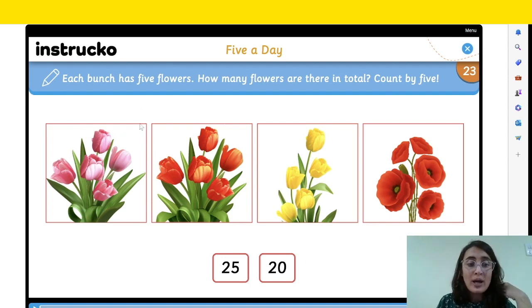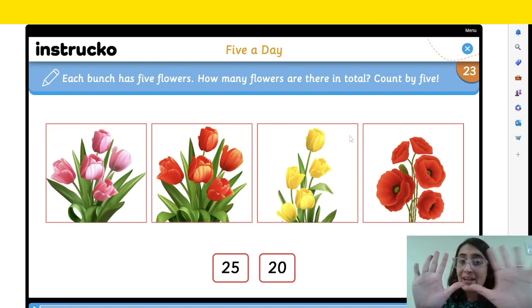So again tell me, 5 plus 5 is 10. So this is 5 and this 5 makes it 10. Now in 10 I again have to add 5. So what will I get after 10 comes? 15. Correct. And then again in this 15 I have to add another 5.